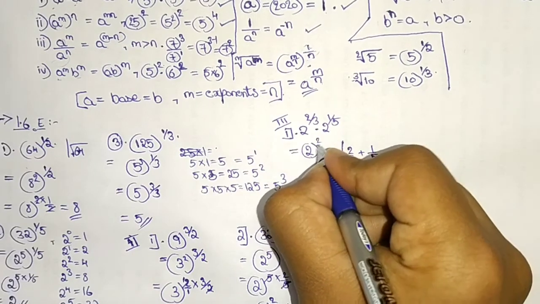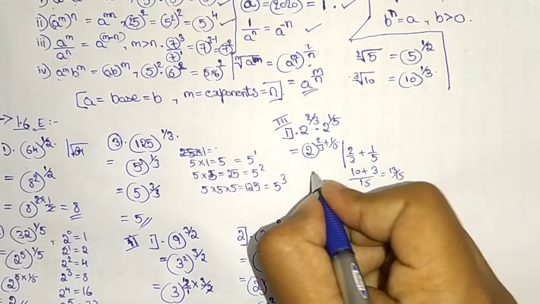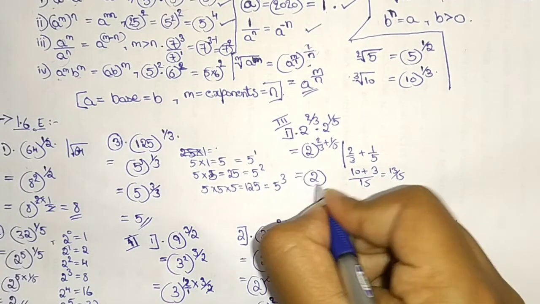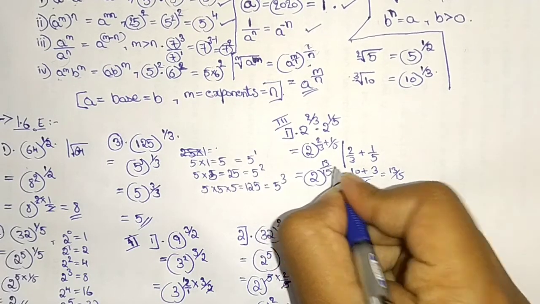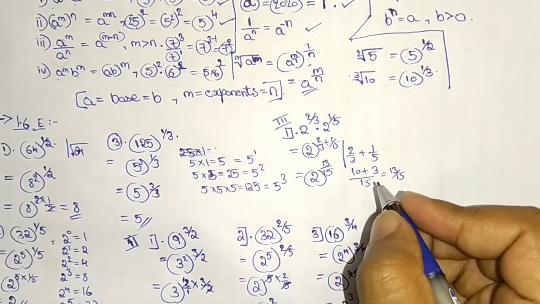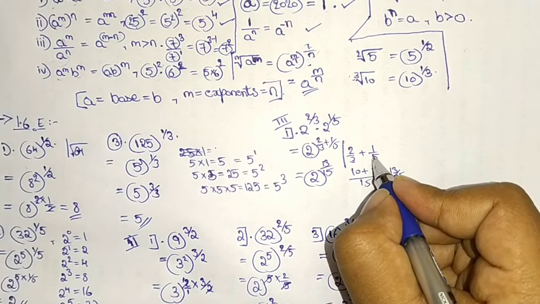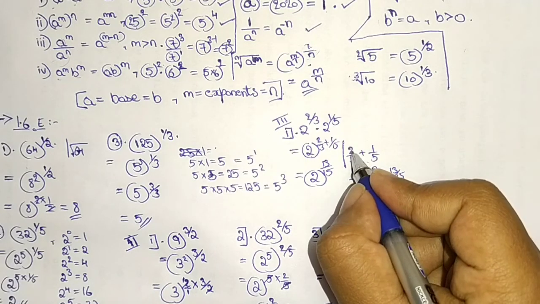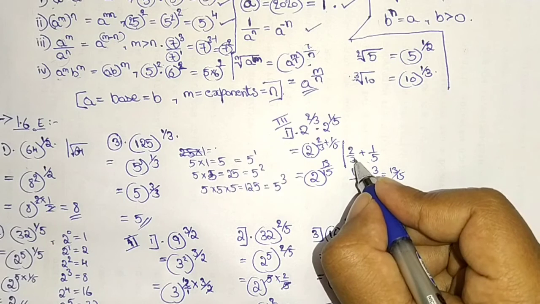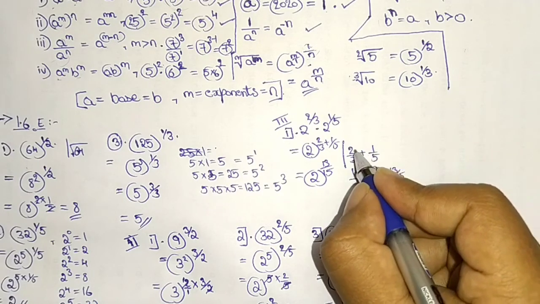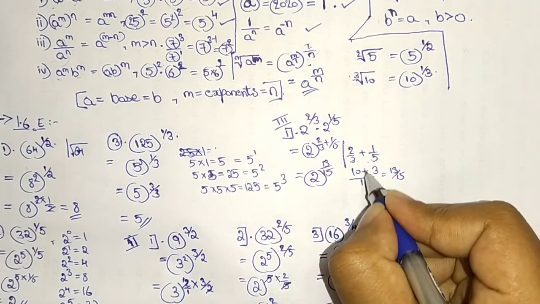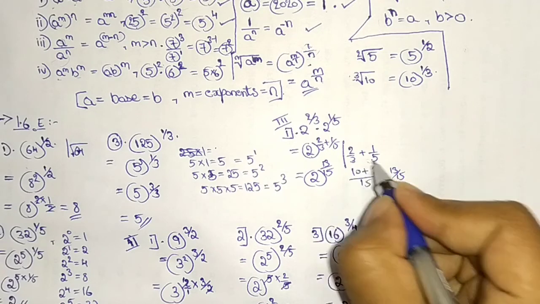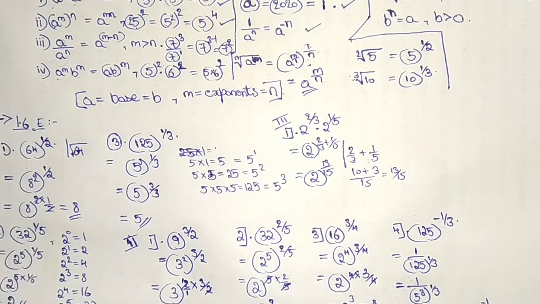So this is going to be 2 power 13 by 15. You should know how to take LCM here. LCM is this denominator multiplying with this numerator, this denominator multiplying with this numerator, and add those two, divided by multiplying these denominators. That is LCM. Simple one.